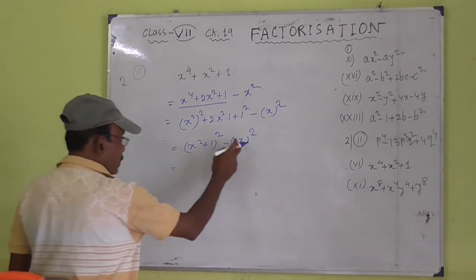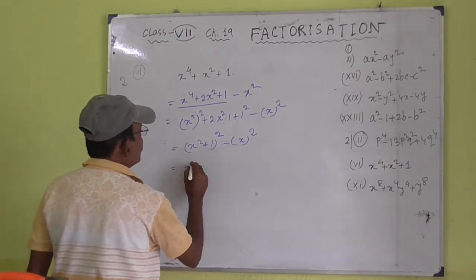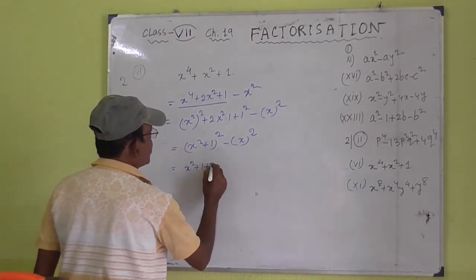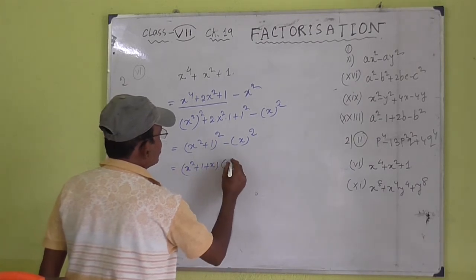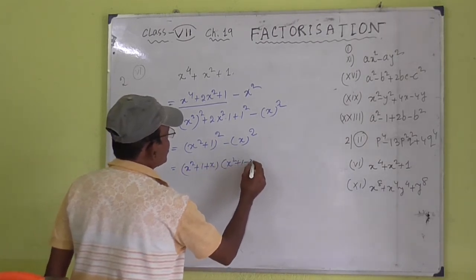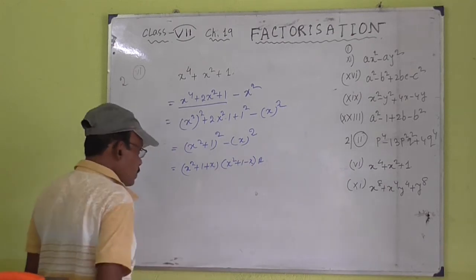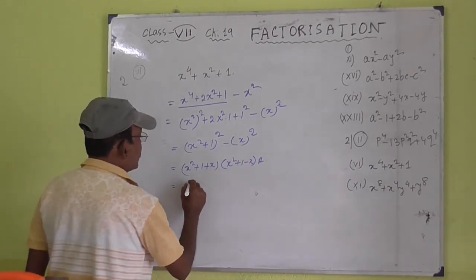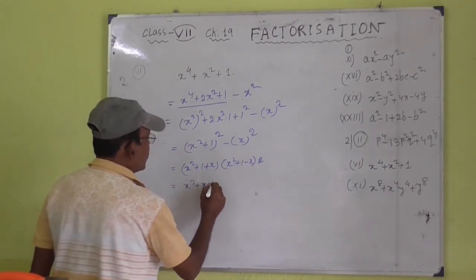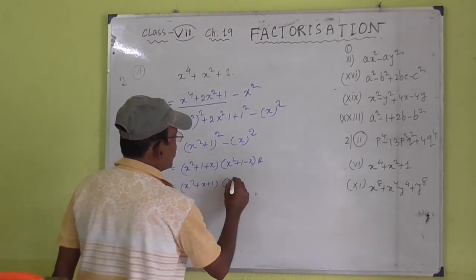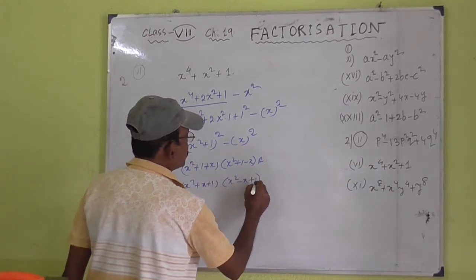So, this is a square minus b square, x square plus 1 plus x and x square plus 1 minus x. Answer. To arrange clearly, we must write x square minus x plus 1.